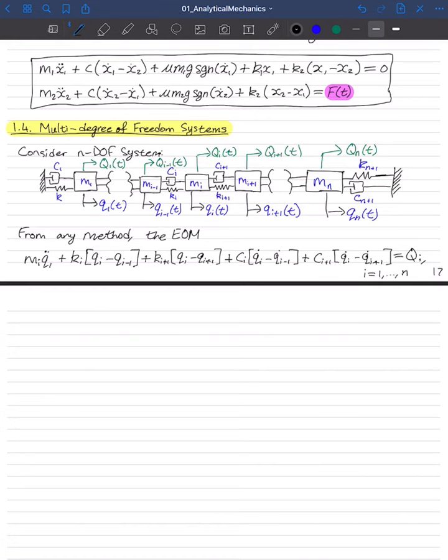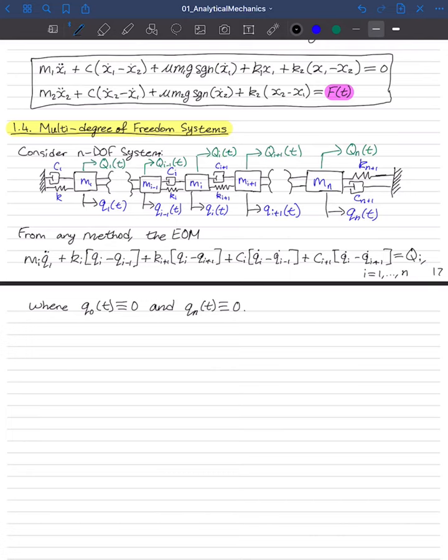And specifically we need to note that q sub 0 of t is equal to q sub n plus 1 of t, and these are equal to 0 for all time. In fact, to stress this point, let's write it like this. They're defined to be 0 for all time.